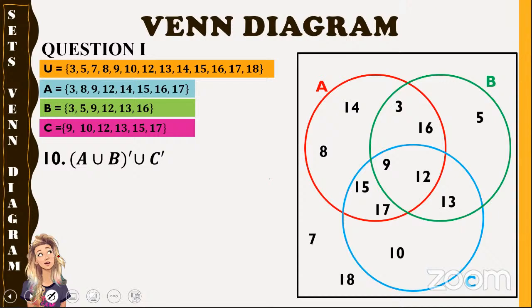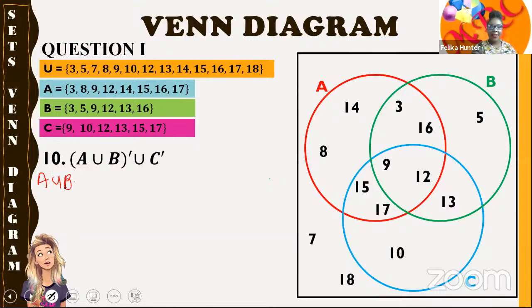What do I do first? Go for me now, Peter. Tell me what to do first. 3, 5, 8, 9, 12. I have A union B. All right.